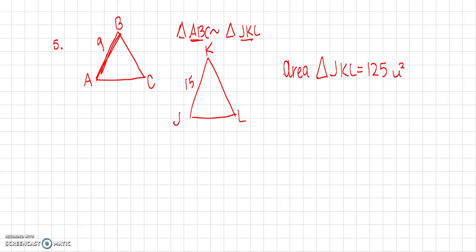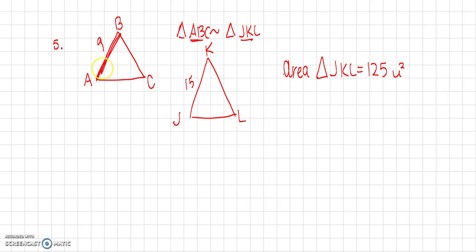Before we do that, we need to find the scale factor. Similar figures have scale factors. One is scaled larger than the other one, or vice versa, smaller than the other one. So the way you find the scale factor is you create a fraction with the similar or the corresponding sides.